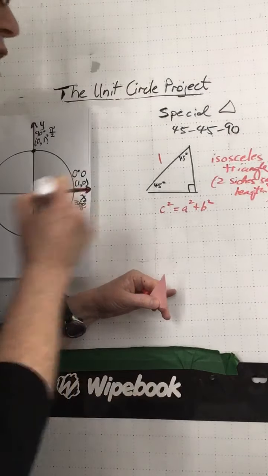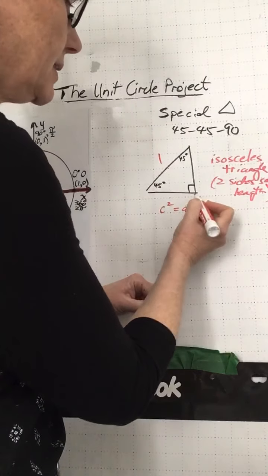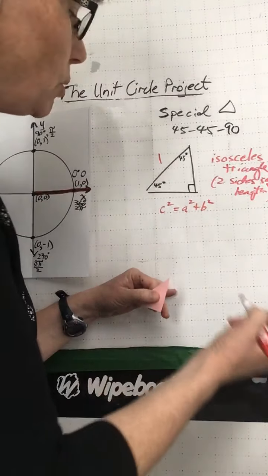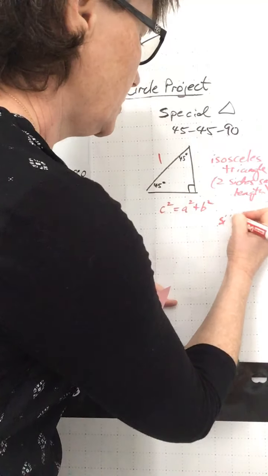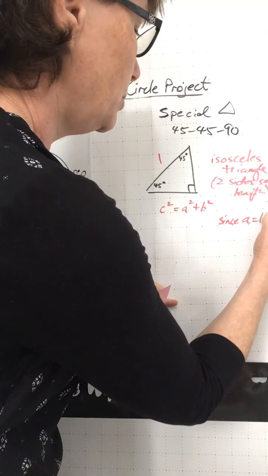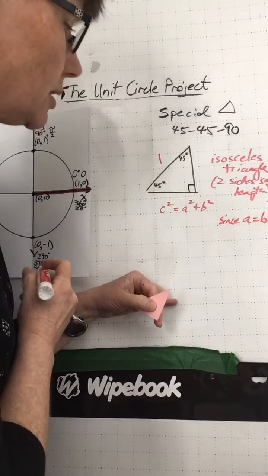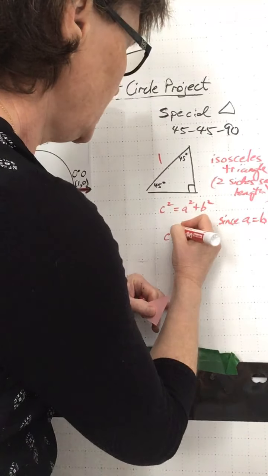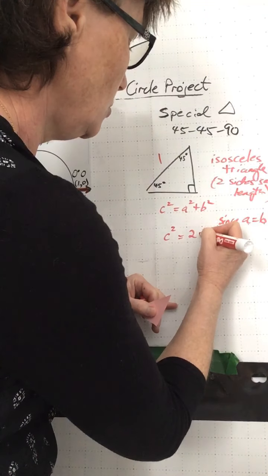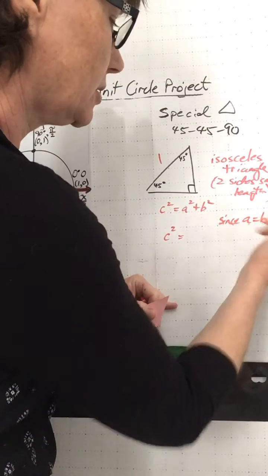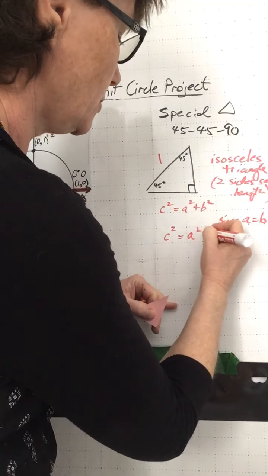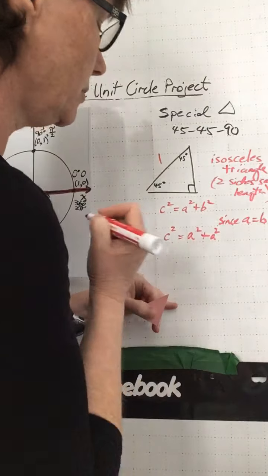Since both of these sides are the same length, since a equals b in this case, we can say c squared equals a squared plus a squared.